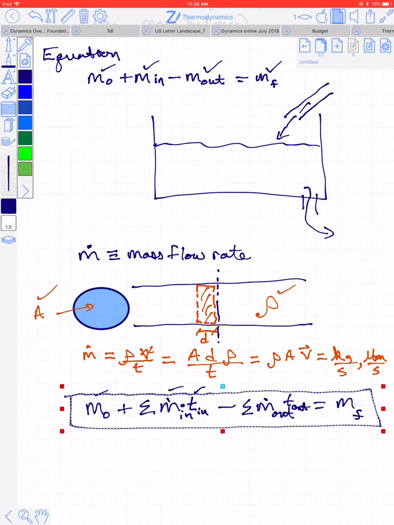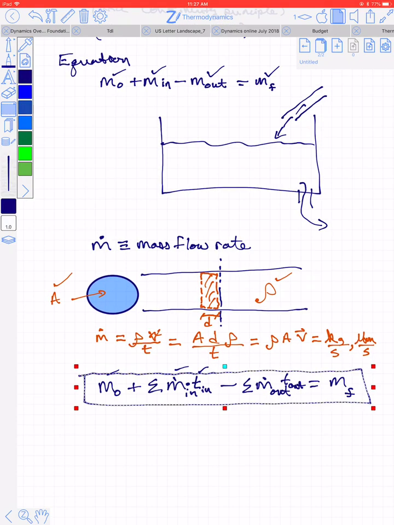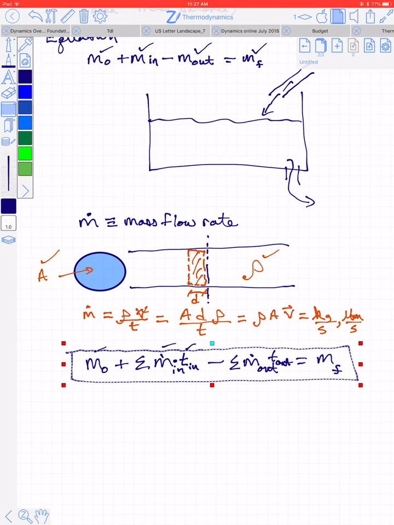Where are we going to use this in thermodynamics? Well, when we have energy in a system, let's think about a turbine.